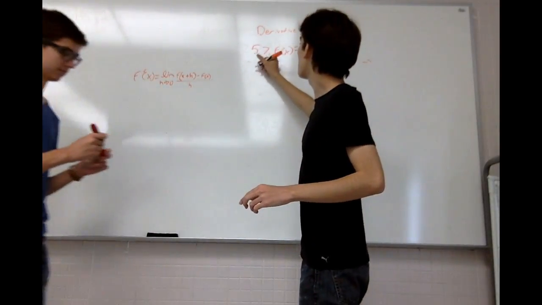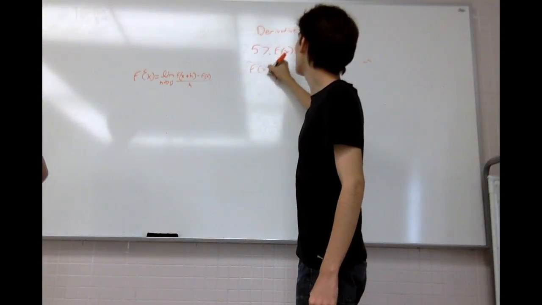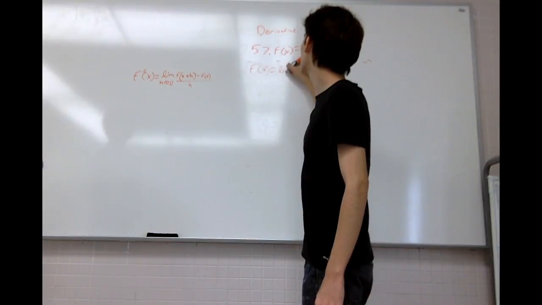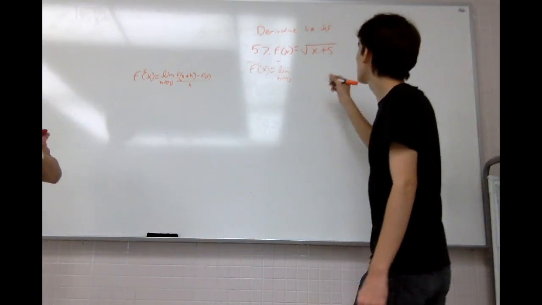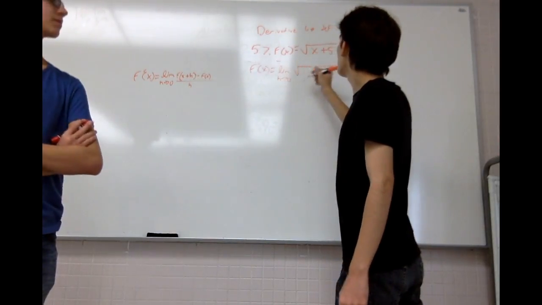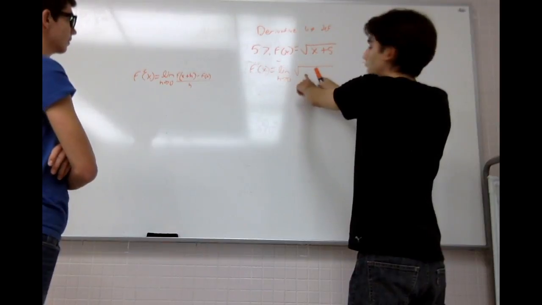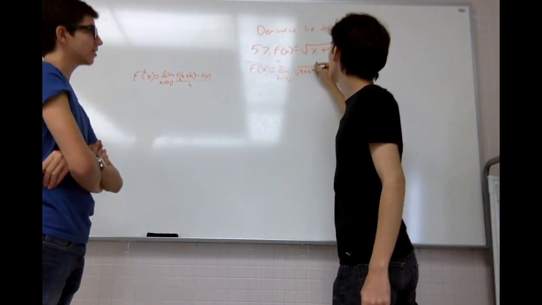So our first step will be f prime equals the limit as h goes to 0, and the square root. We're going to plug in x plus h for our x here.